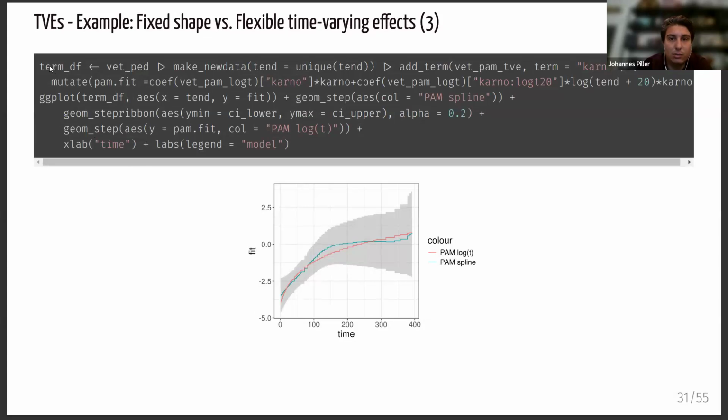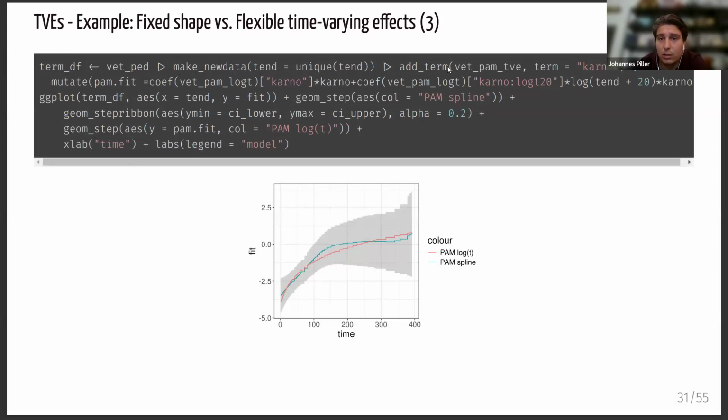Maybe let me quickly go into the details here with the make new data again, just so that everyone understands what happens here. To plot it, basically we did our pre-processing, we did our estimation, and now it's the post-processing. We now build up our data set with this function make new data. We include in our data set all the time points.